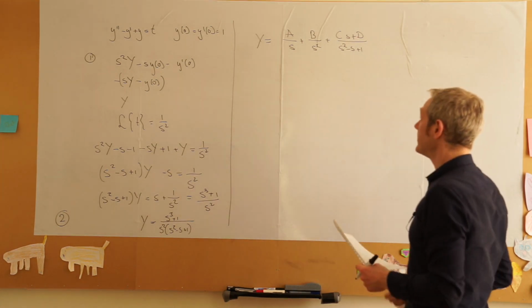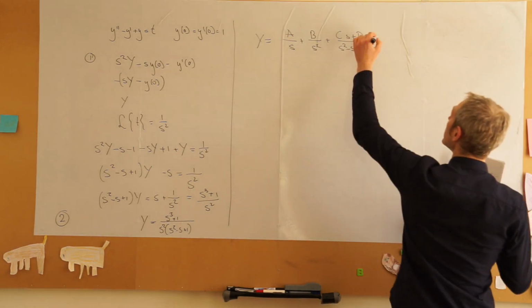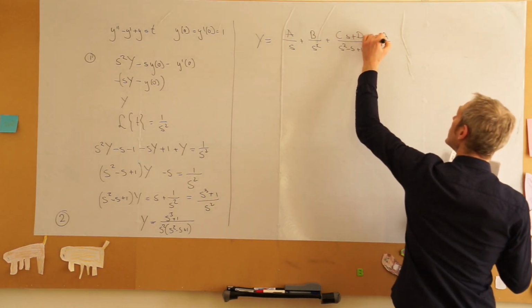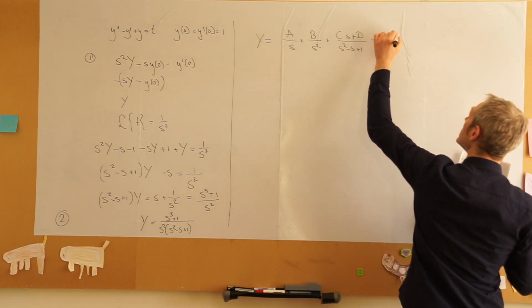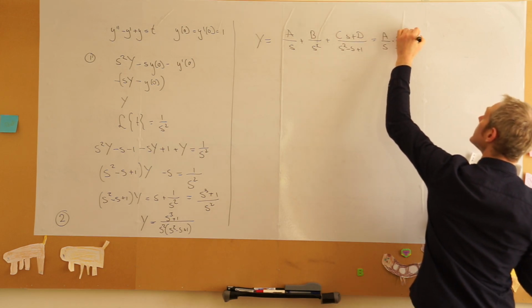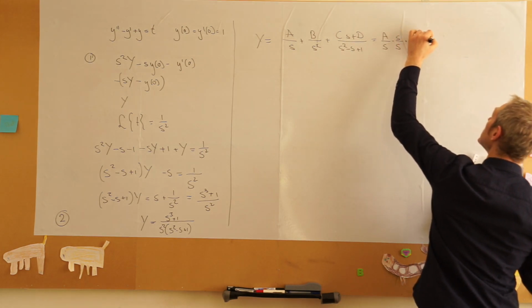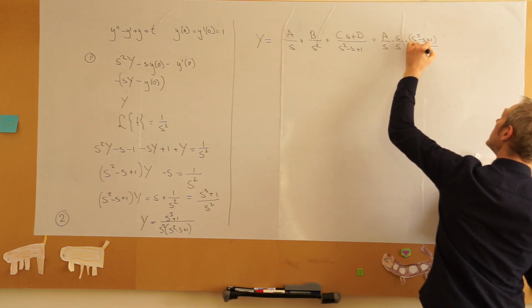So let's do that. We want to rewrite this as A over s times s times s squared minus s plus 1.